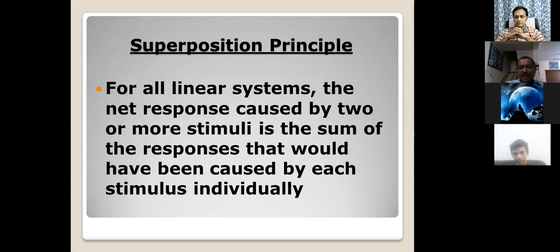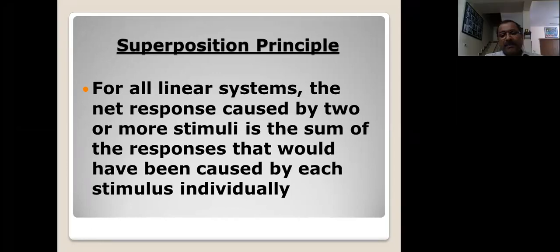In simple words, in an electrical system there would be a network, and you will be giving inputs. More and more inputs will be given to it, and we are interested in the output.